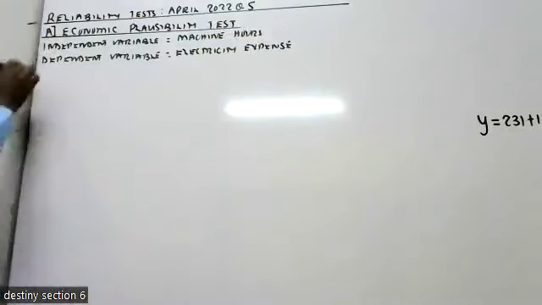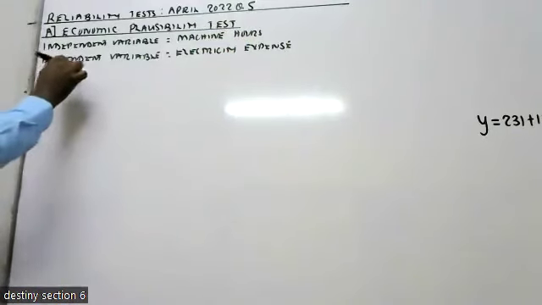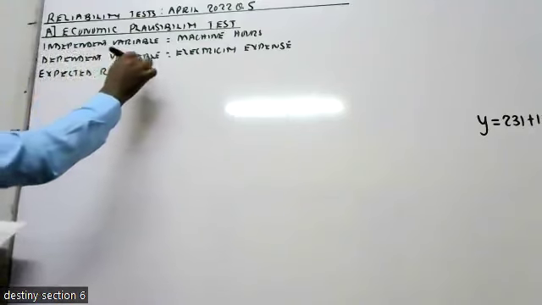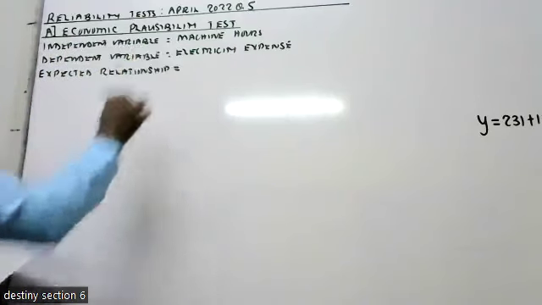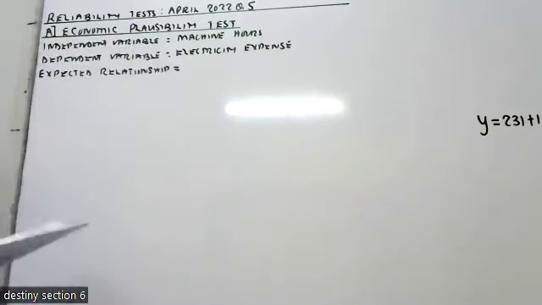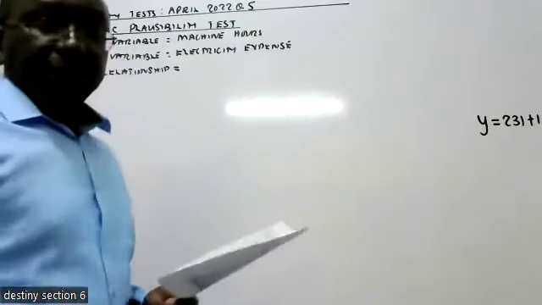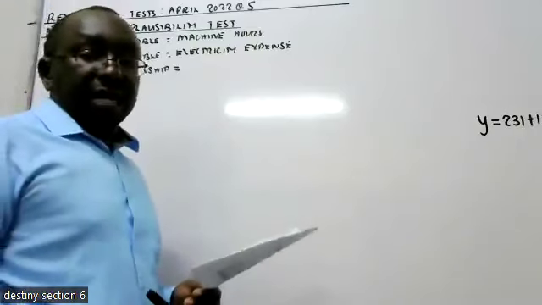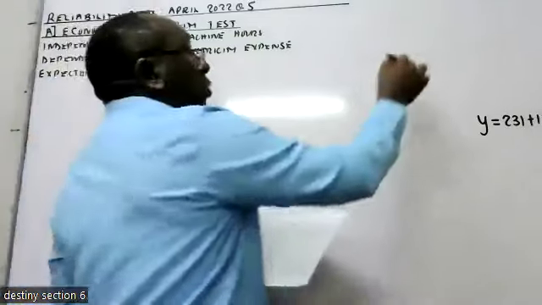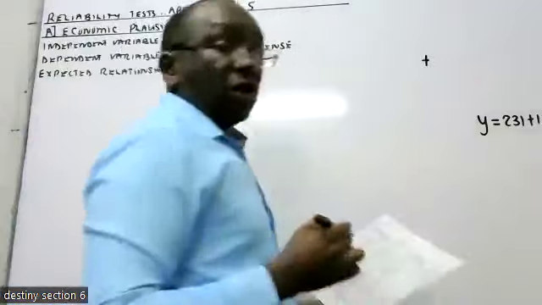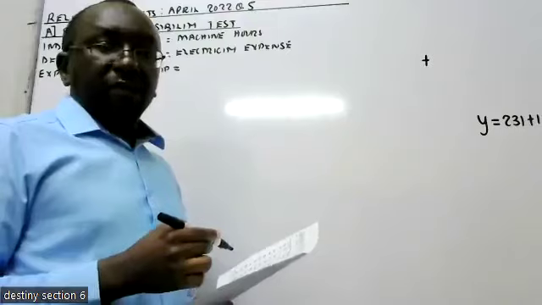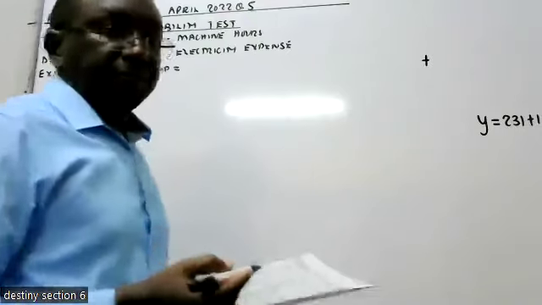Now, what we need to do is to state the expected relationship. What kind of a relationship would you expect to exist between machine hours and electricity expense? Yesterday, I told you we have 3 types of relationships. We have the positive one, which we call direct, where they are moving towards the same direction.